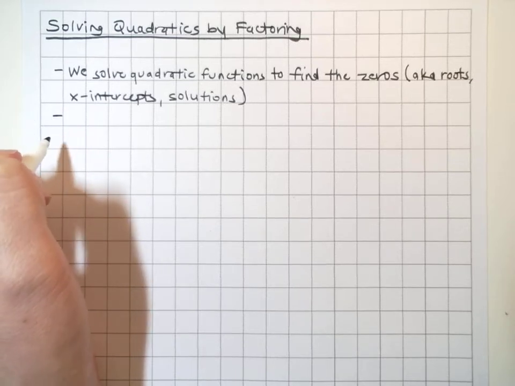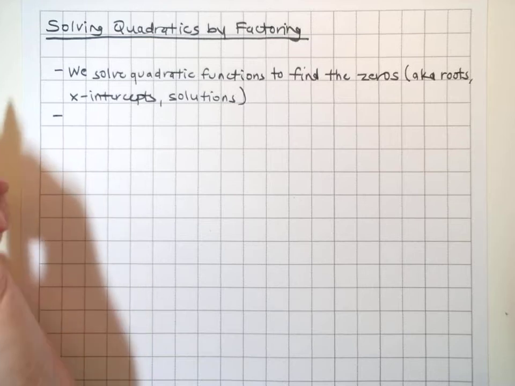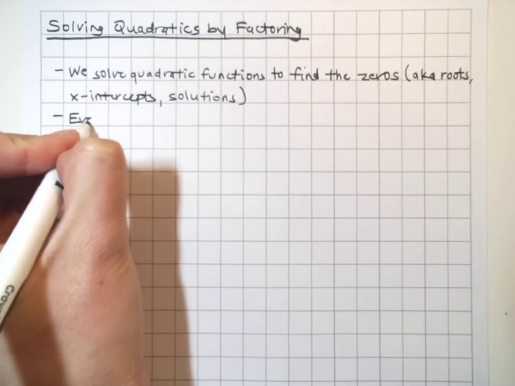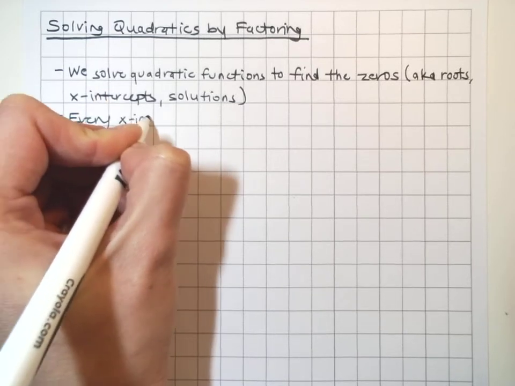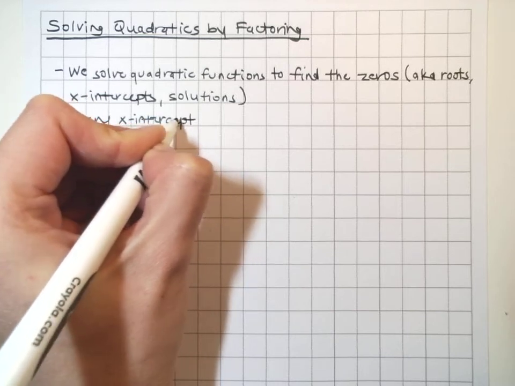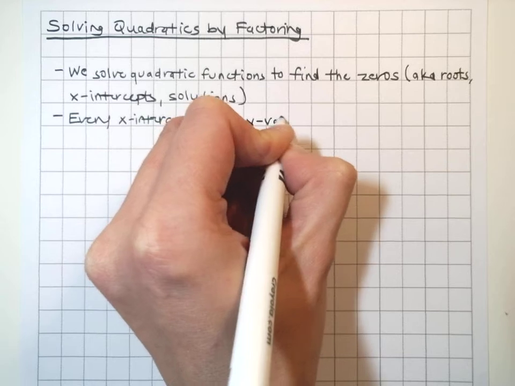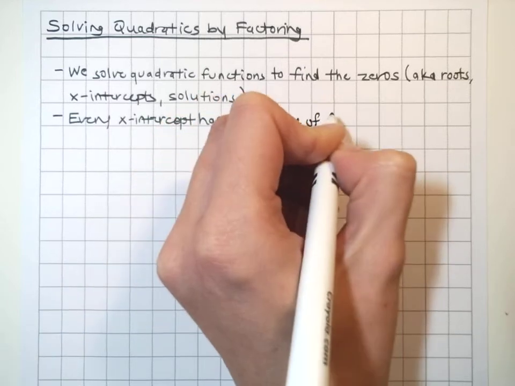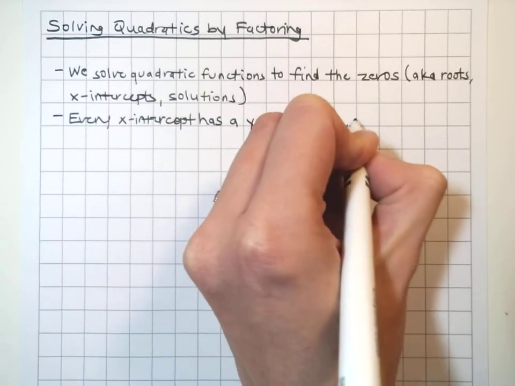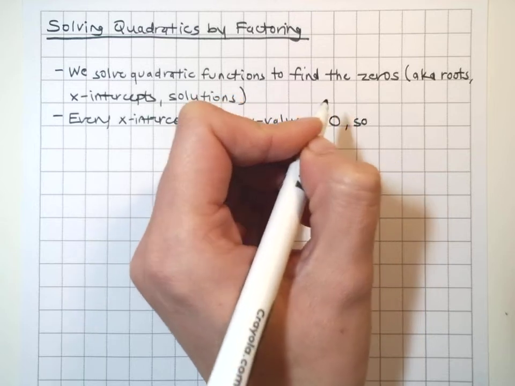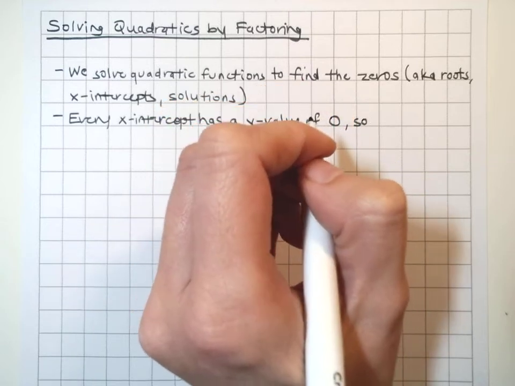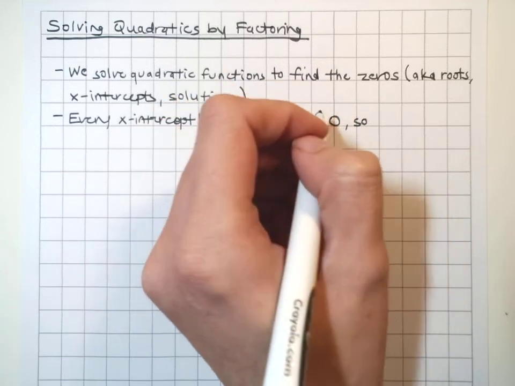Okay, and so we've already been talking about X-intercepts. So if you remember, every X-intercept has a Y value of 0. So to find the zeros, you plug in 0 for Y and solve.